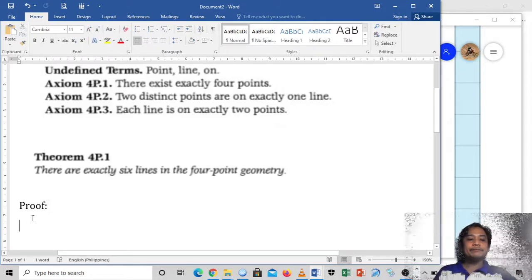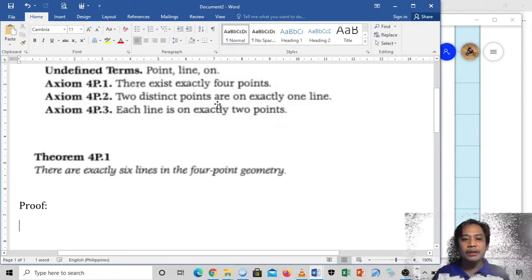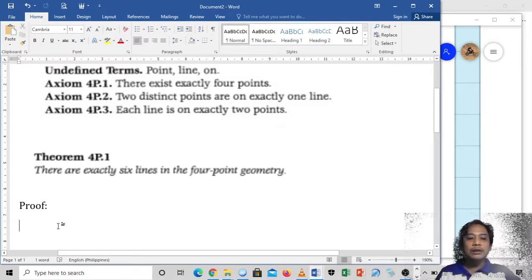But then, again, axiom 1 states that there are 4 points. Axiom 2 states that every pair of points should be on exactly 1 line. Meaning, if we are to count the number of lines, we would have to count the number of pairs of points.